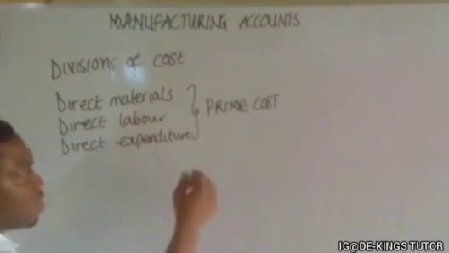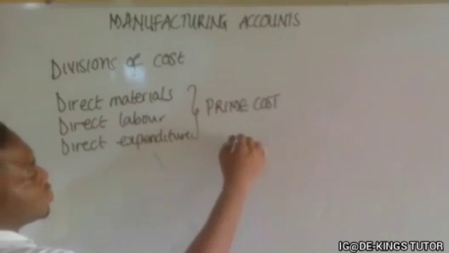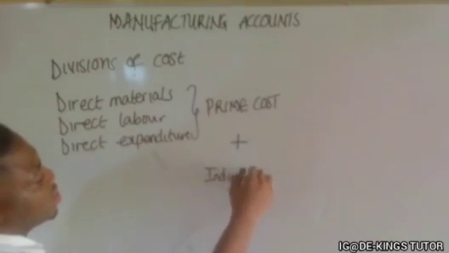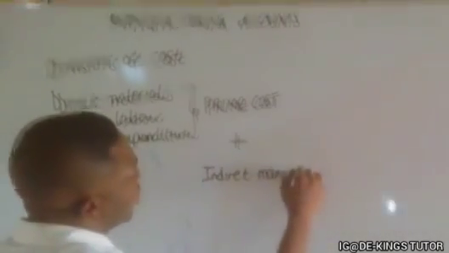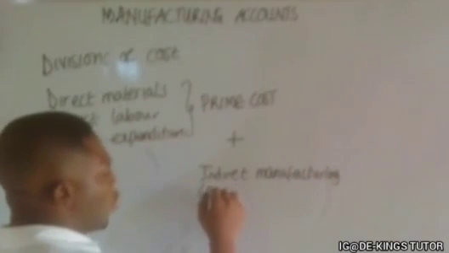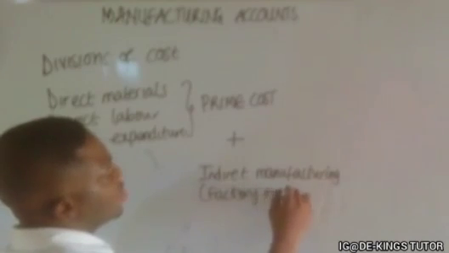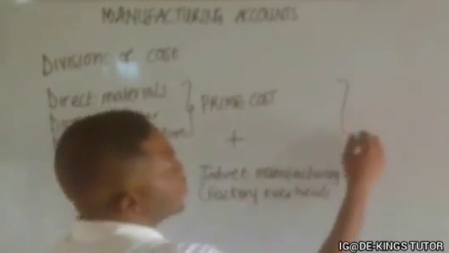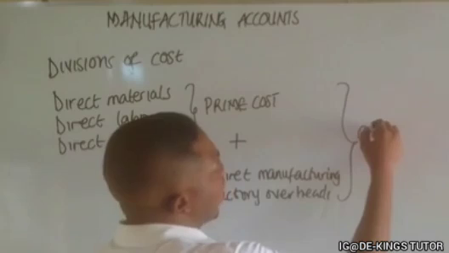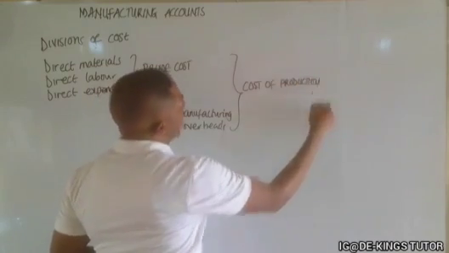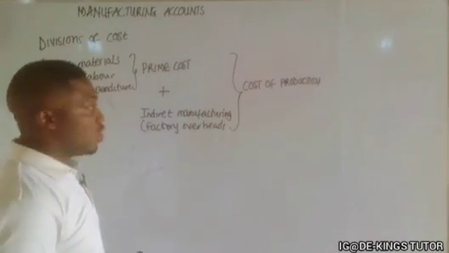If you add the prime cost plus other indirect manufacturing expenditure, or what we call factory overheads, it will give us what we know as the cost of production, or the production cost.